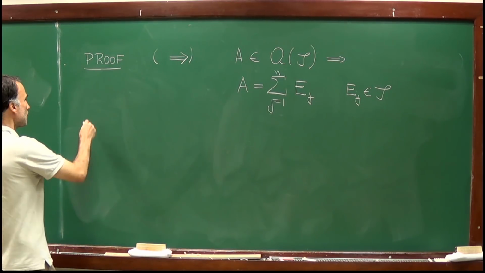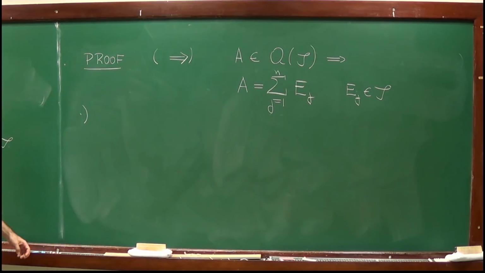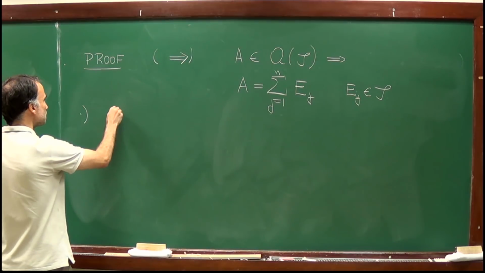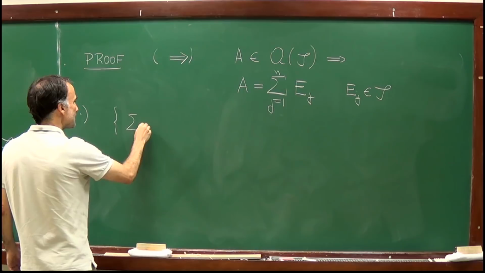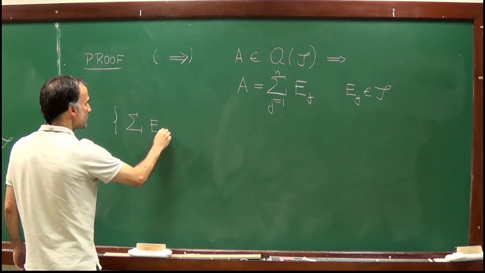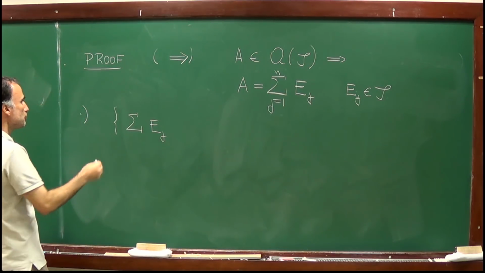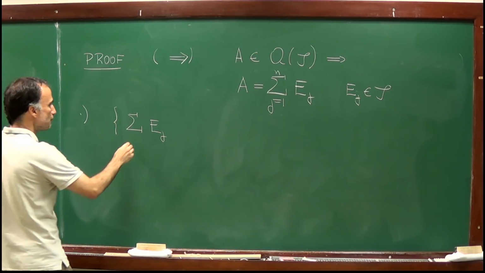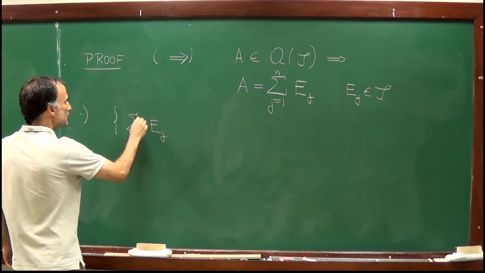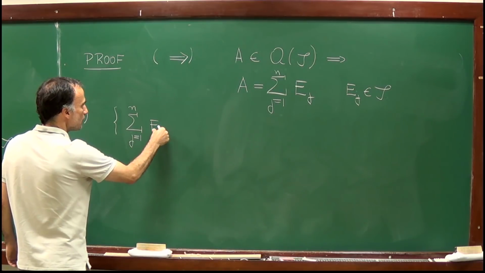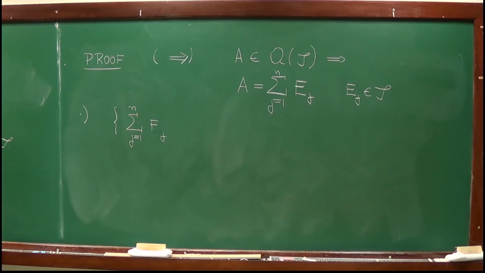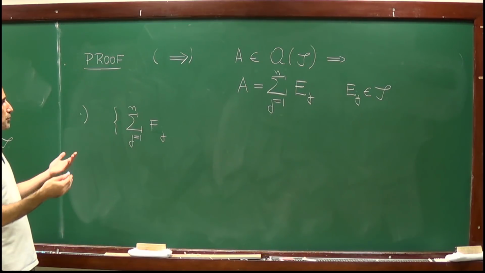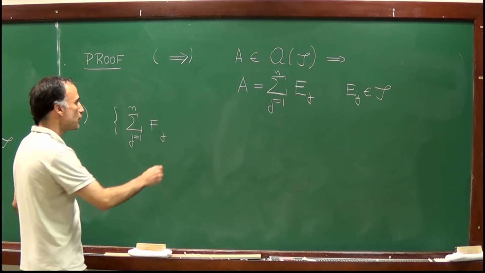I will first show that, if you take the class of sets, let me define a new class of sets. Let me call that B, not to mix it with the E which appeared before. So I'm defining a new class of subsets of omega. Which class is this?